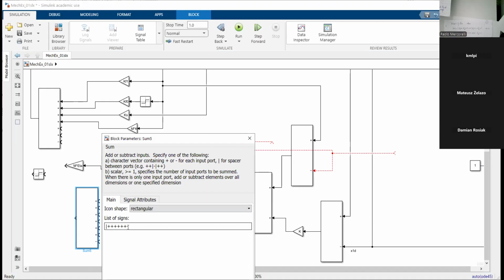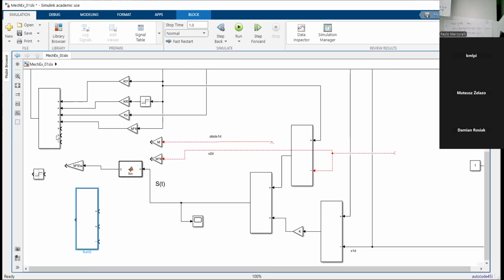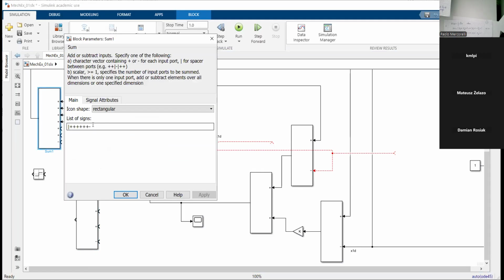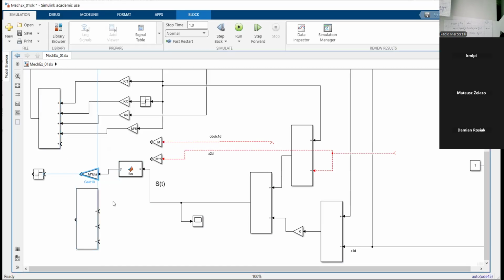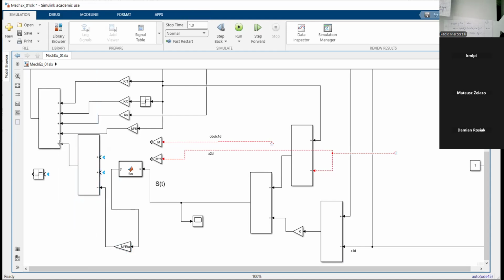In order to look at what is in the microcontroller, plus 2 times plus and 1 minus, right? Something like that. And here I need just 1 plus at the end. Extremely important concept. But S of t is something inside the microcontroller.